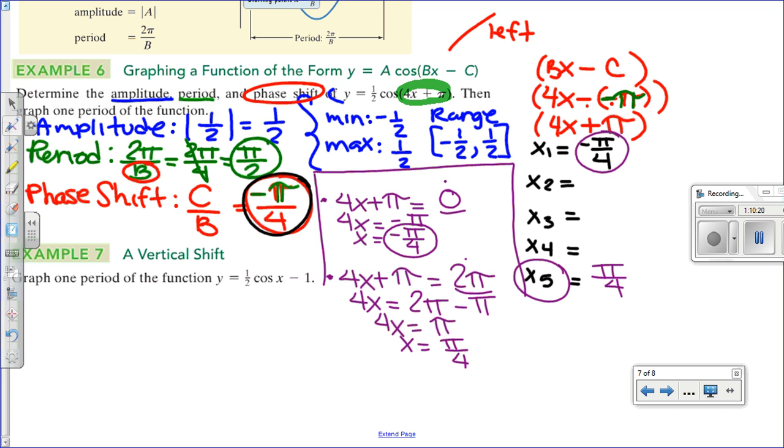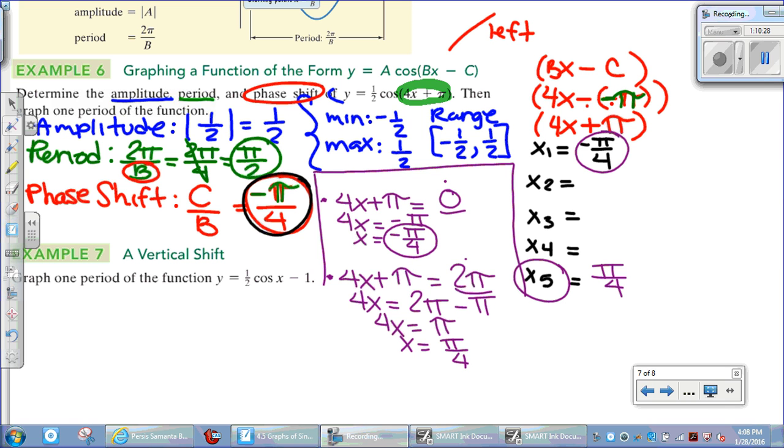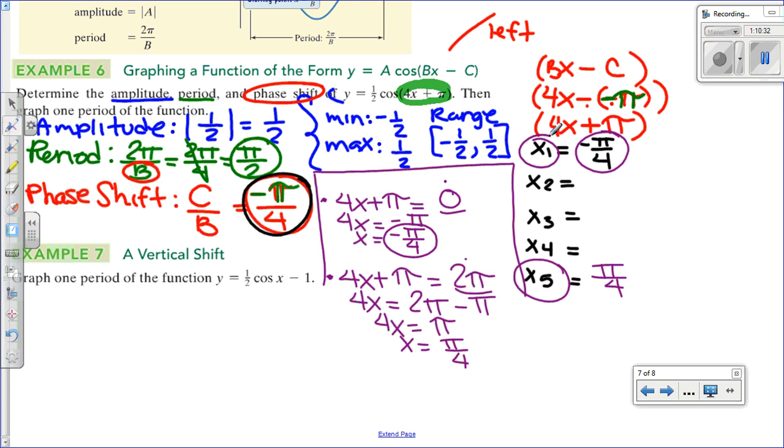Now, I want you guys to think of something. Do we have any reflection across the x-axis? We don't. So what it means is that these points, x1 and x5, are going to be my maximum, where the max happens. But the actual maximum value is going to be positive 1/2.